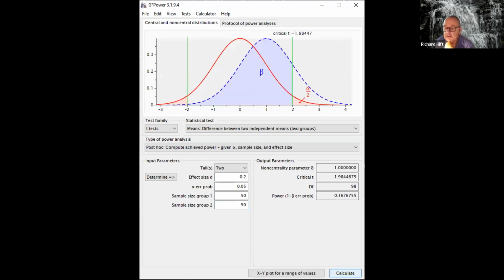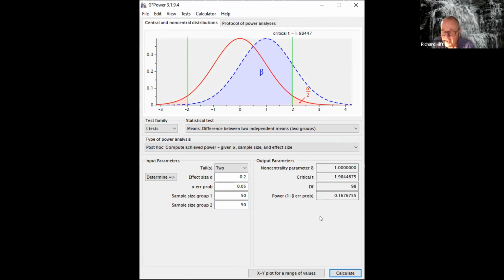I can calculate it. Your power is 0.167. So the bad news is, at that sample size, you've only got a 17% chance of showing a statistical difference. Okay, so you must decide if that study is worth it.